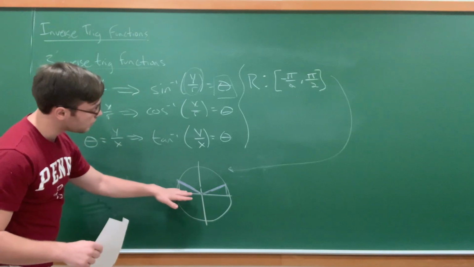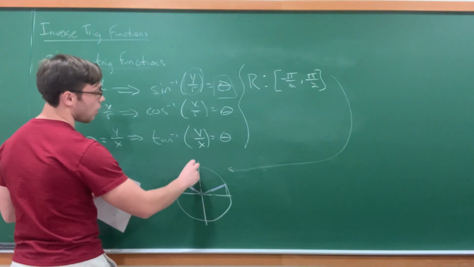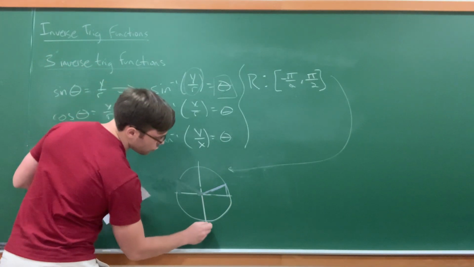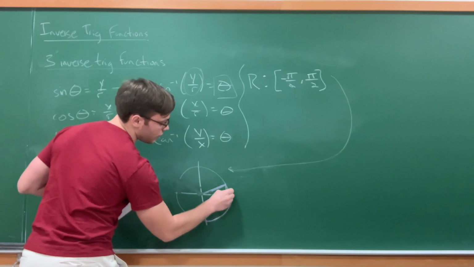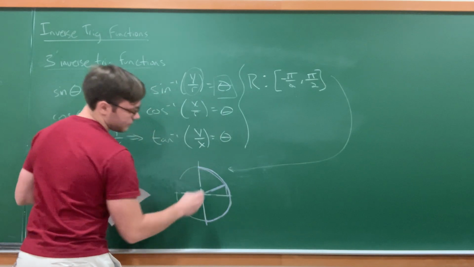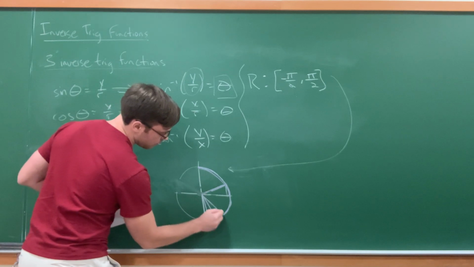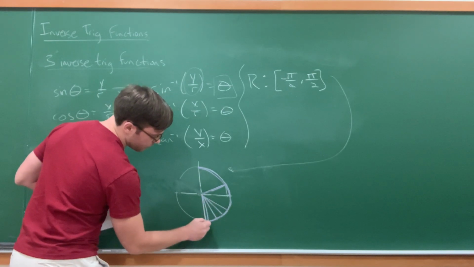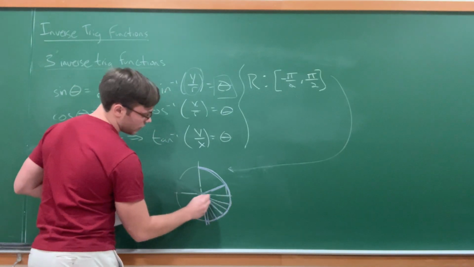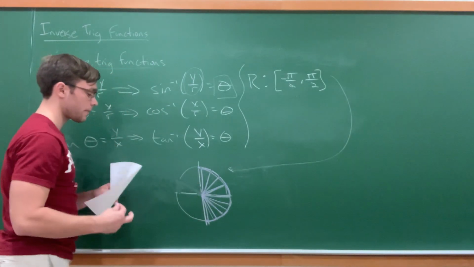So in this case, you want to restrict the range such that you're hitting all of the possible values for sine, but only once. We restrict our range to go from here to here. This way, we cover every value of sine: -1, -√3/2, -√2/2, -1/2, 0, 1/2, √2/2, √3/2, up to 1.